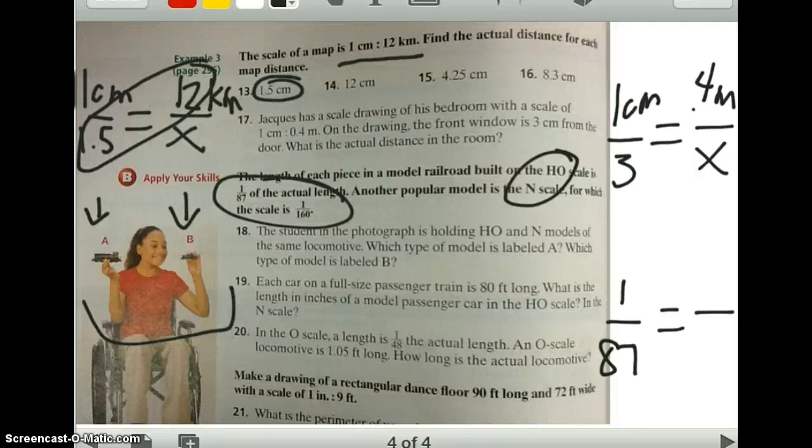But it asks in inches. So how are you going to get 80 feet is how many inches? Yep, you're going to do 12 times 80. Well, 8 times 6 is 96, so 960. And then you're going to find it here. I think you can do that.